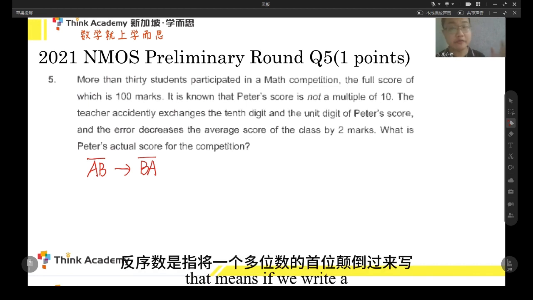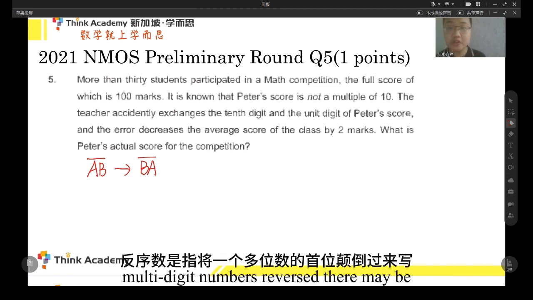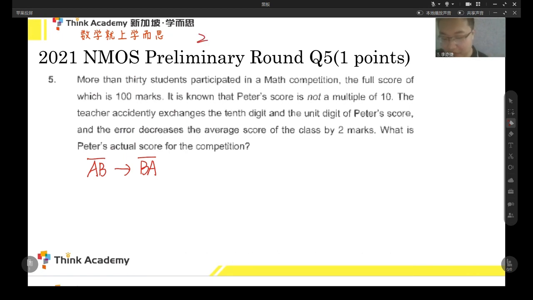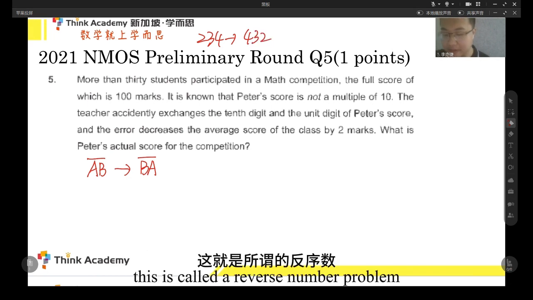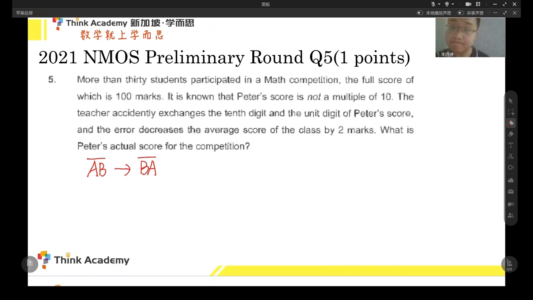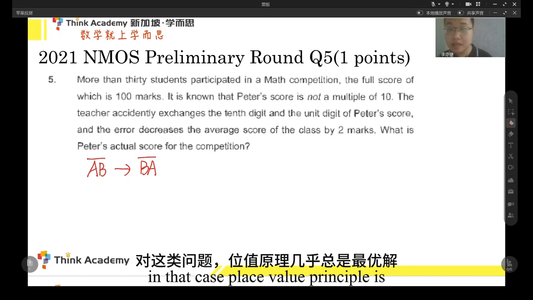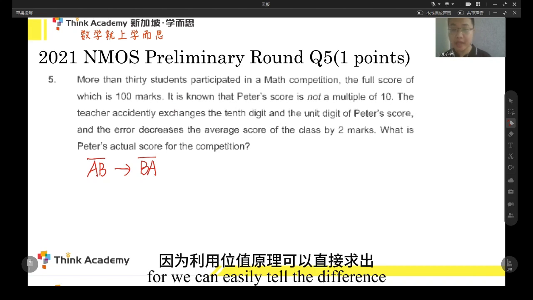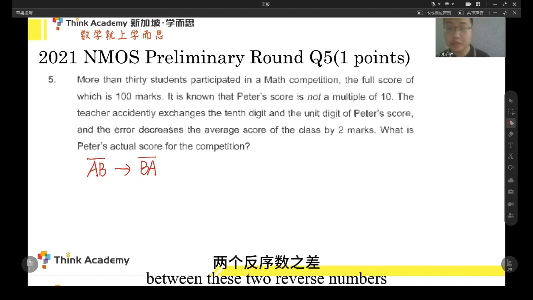That's to say, if we write multi-digit numbers reversed, maybe 234 to 432, right? This is called a reverse number problem. In that case, the place value principle is always the best way to solve it. For it, we can easily tell the difference between these two reversed numbers.